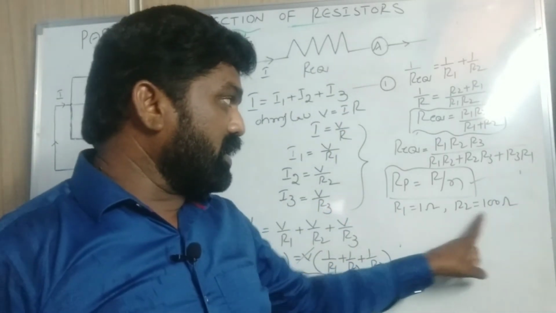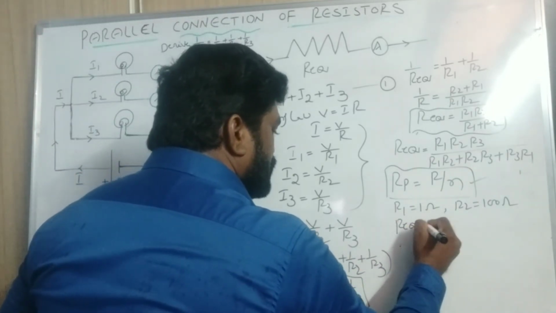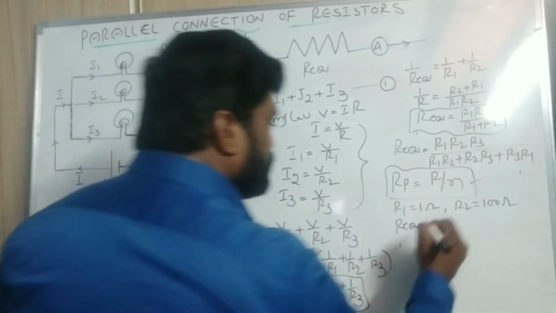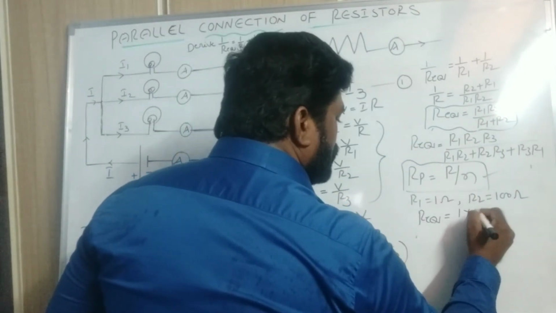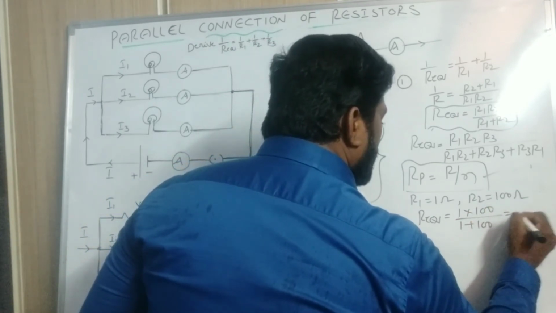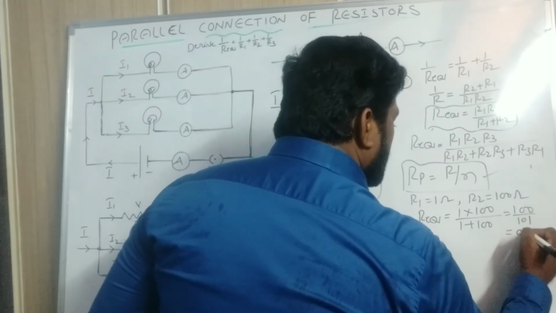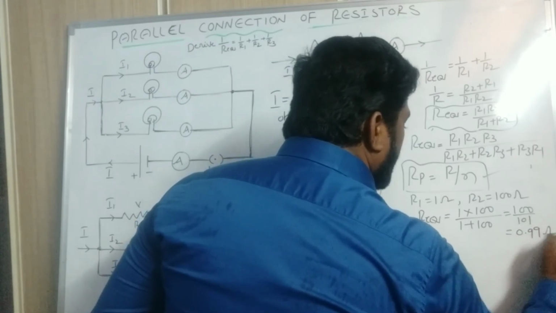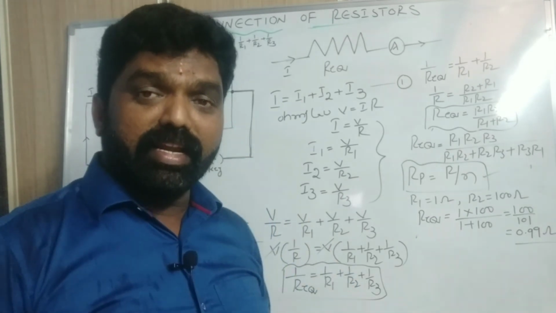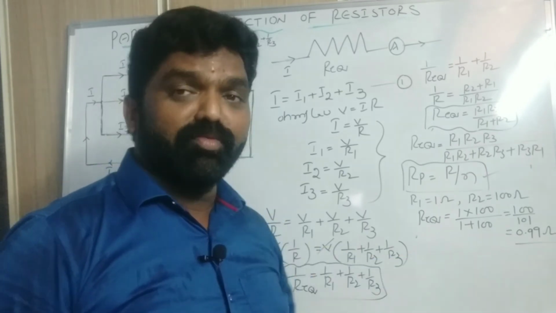When these two are connected in parallel, the equivalent resistance is R1 R2 by R1 plus R2. It means 1 into 100 by 1 plus 100, that is 100 by 101, that is 0.99 ohms. Right? If these two resistors are connected in parallel, the equivalent resistance is 0.99 ohms.